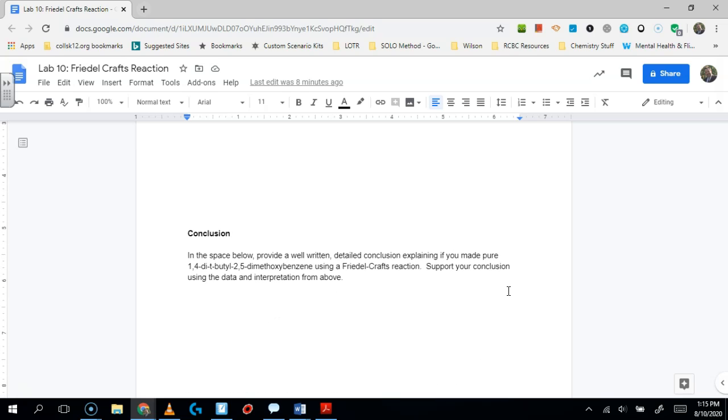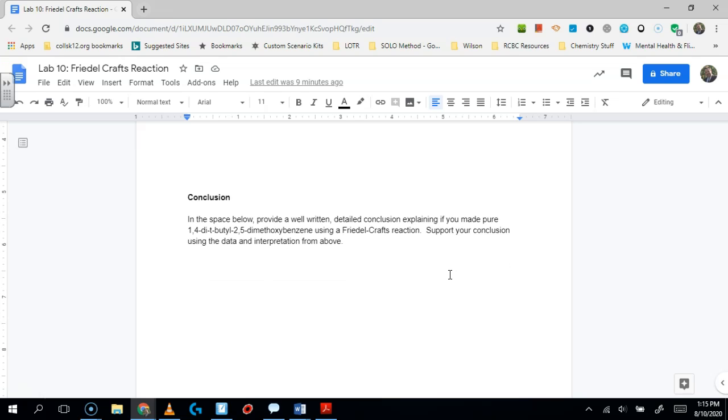So then finally, and again, I think this is the most important skill that we're getting out of lab, whether you're doing it live or electronically. One of the most important things that we want you to be able to do is to write science. Okay, so write scientifically. So in the space below, you've taken all the data, all the information that you have, and you've gathered some results, you've interpreted those results, but now you want to come up with a reasonable conclusion.